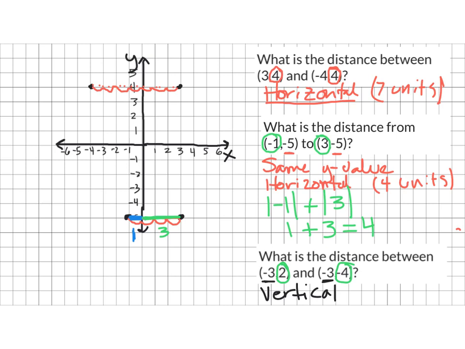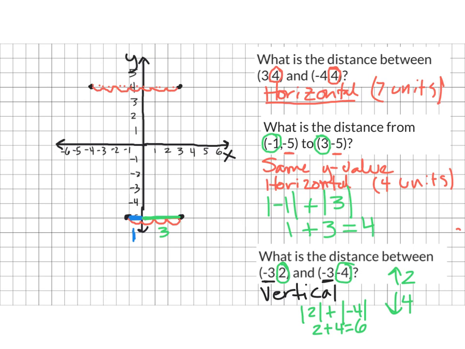So we would know that the first point is 2 above, and the second point is 4 below, which means it would be a total of 6. In other words, the absolute value of 2 plus the absolute value of -4, both of their distance away from 0, would give you 2 plus 4 equals 6. Let's graph it and see if we're right.